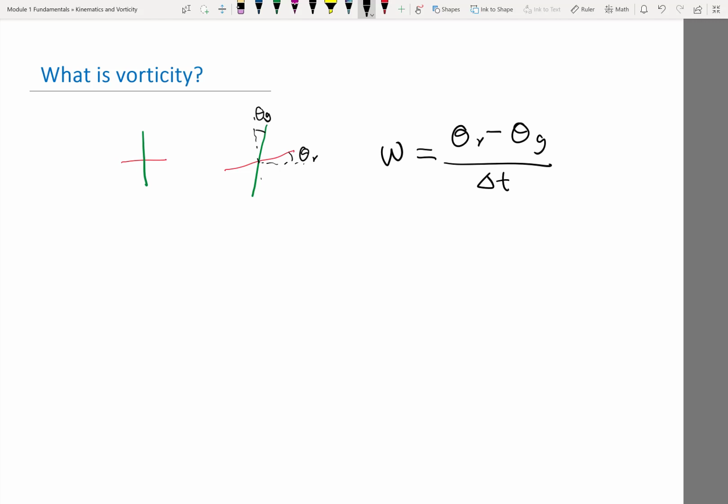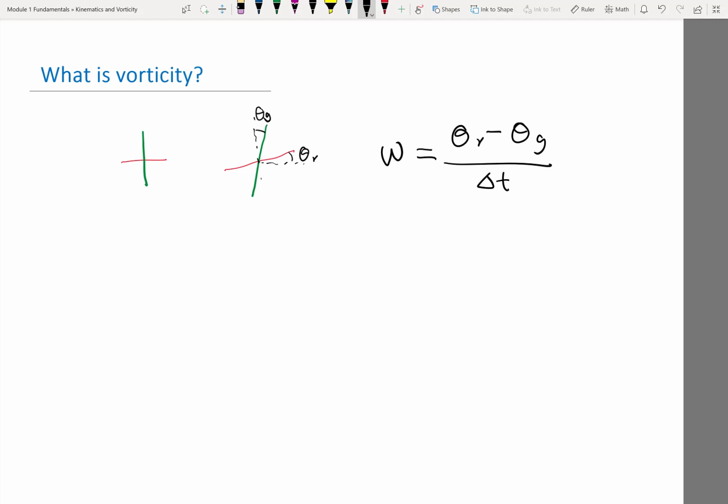So basically, if the vorticity is 0, then these two angles are exactly the same. Then the force exerted on the cross in the clockwise direction and in the counterclockwise direction exactly cancels out. So the cross would stay exactly upright.